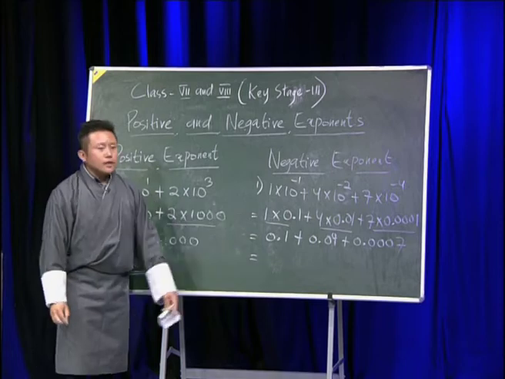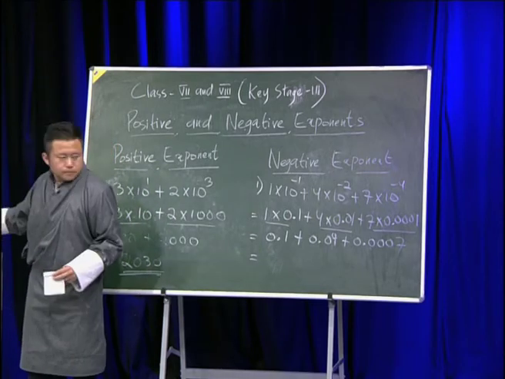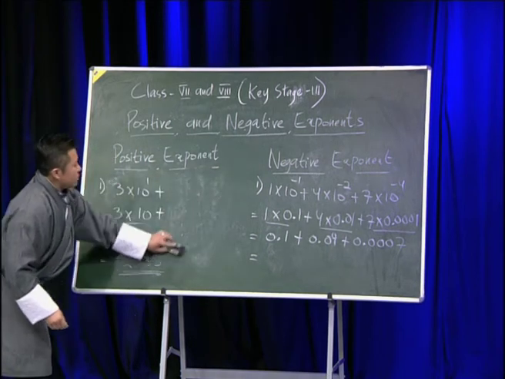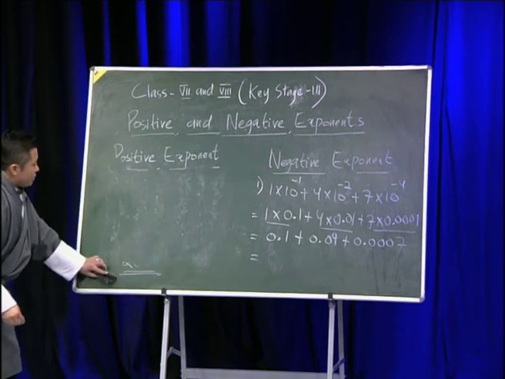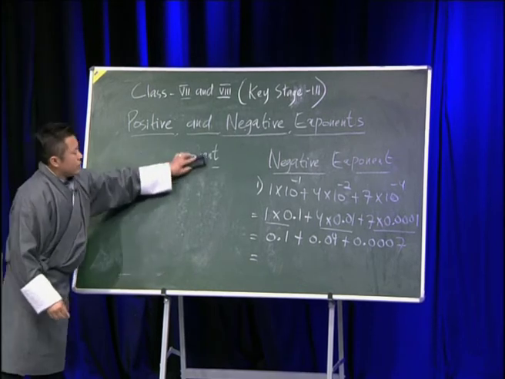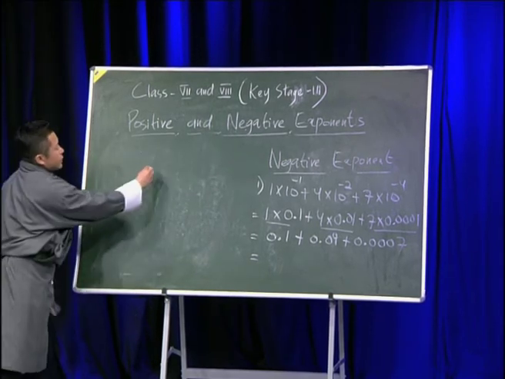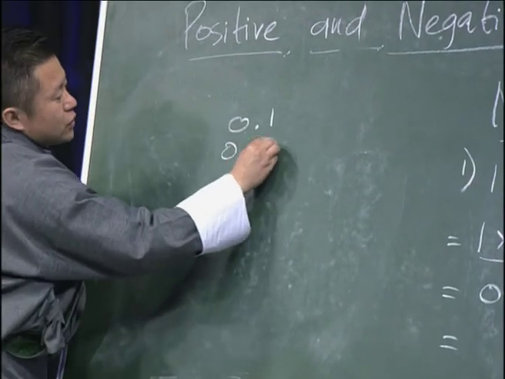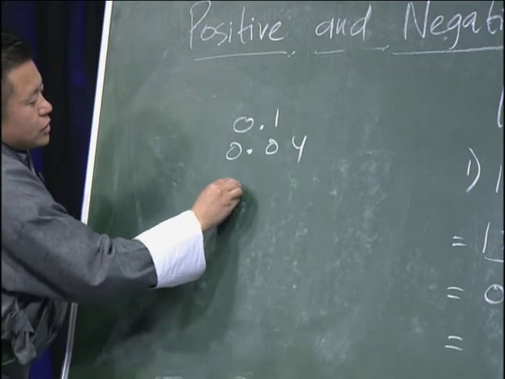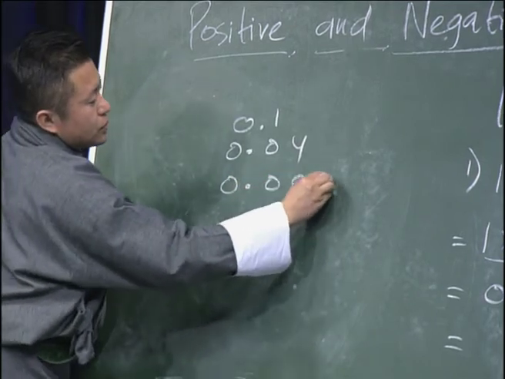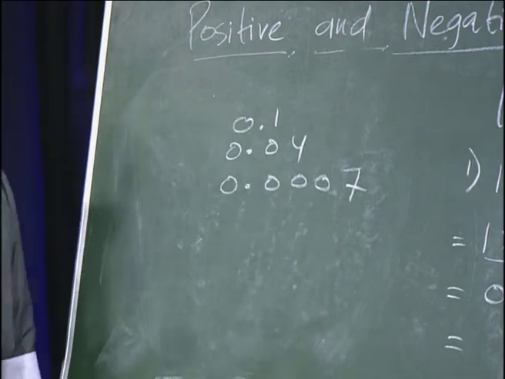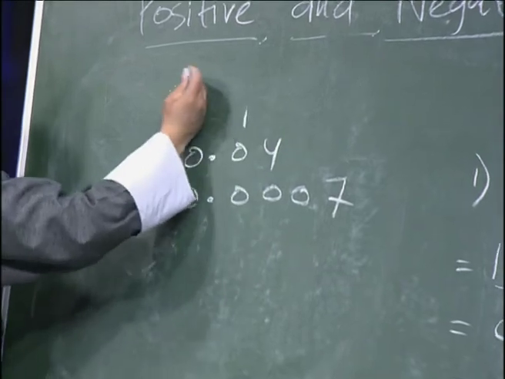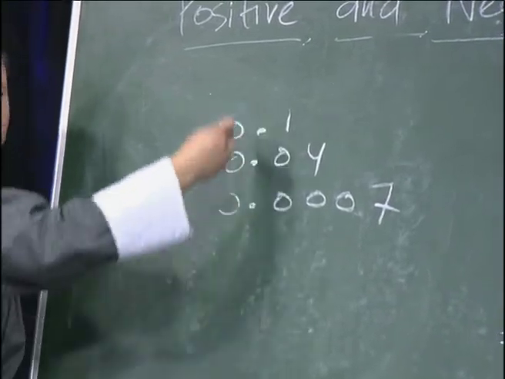Now, let's add these decimal numbers. 0.1, 0.04, 0.0007. And you have learned that when you add the decimal numbers, the decimals have to be in a straight line.